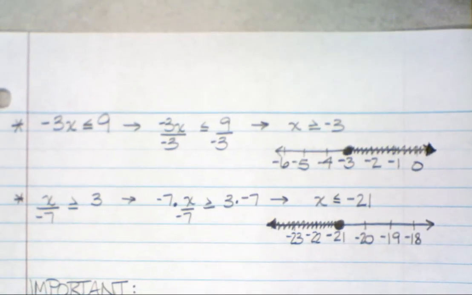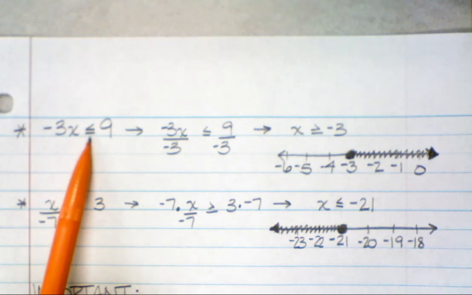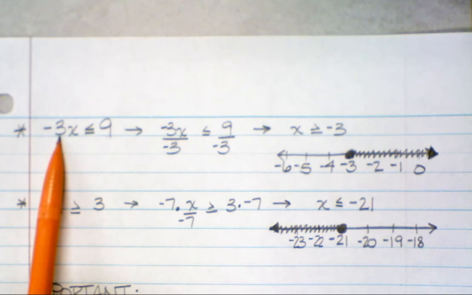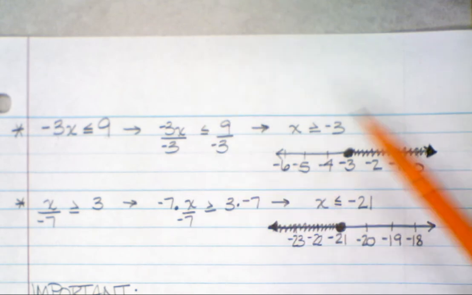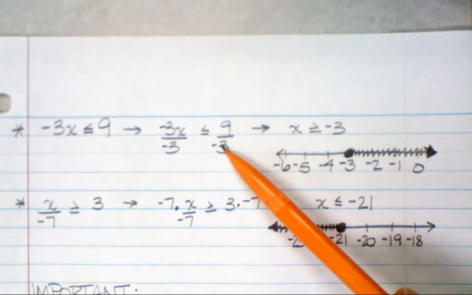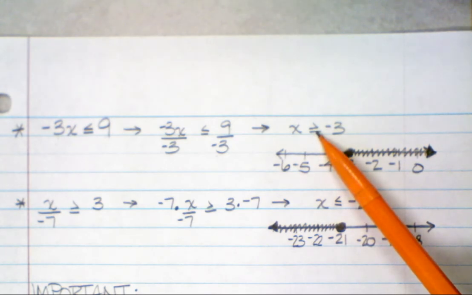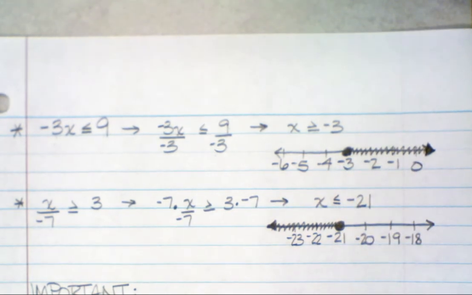Again, I have these two problems starred because we have negative 3x is less than or equal to 9. So this coefficient with the x is negative, so I'm going to divide both sides by negative 3. Because the 9 goes from a positive to a negative when I divide here, I have to flip my inequality sign right here. So x has to be greater than or equal to negative 3. And then I plot that just as I did before.